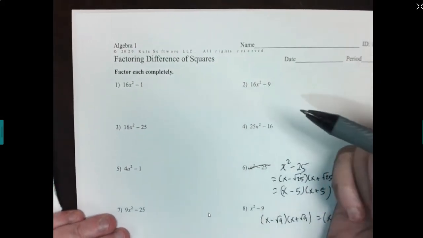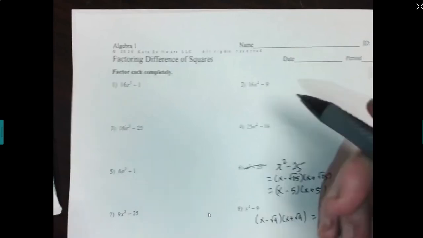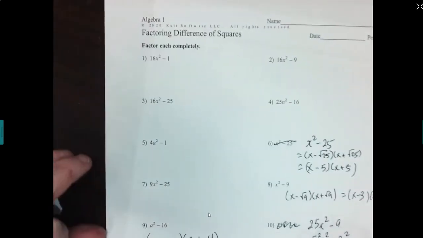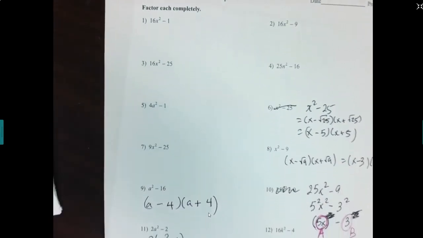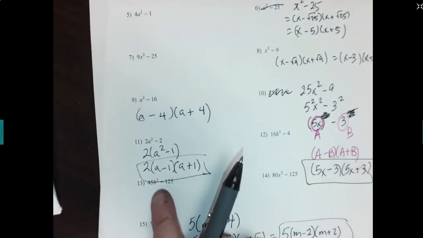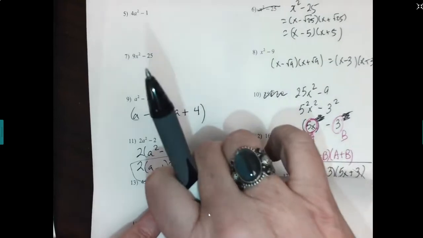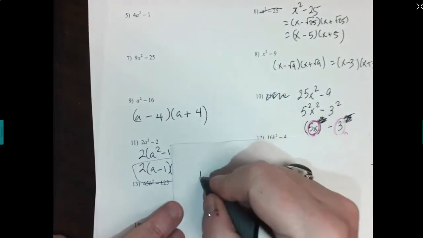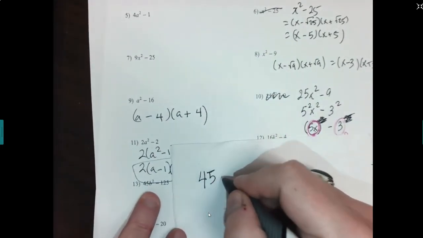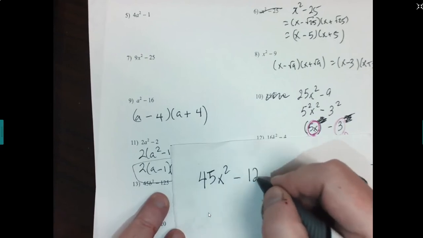So let's find some better ones. Okay, this one here, it's hard to see. And I'll write it with an x. It's 45 x squared minus 125.